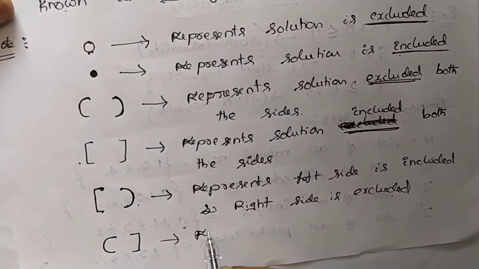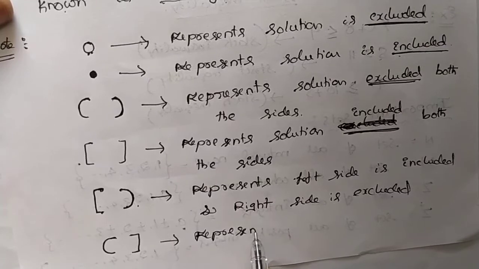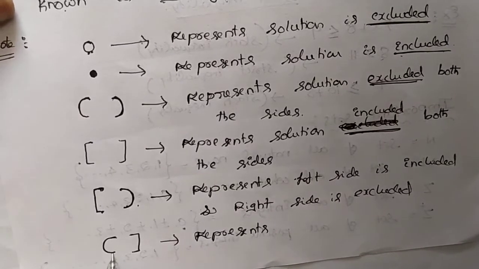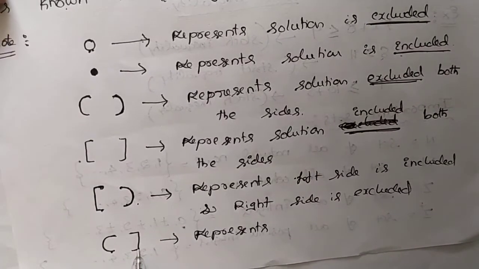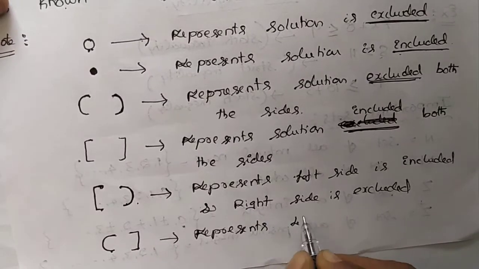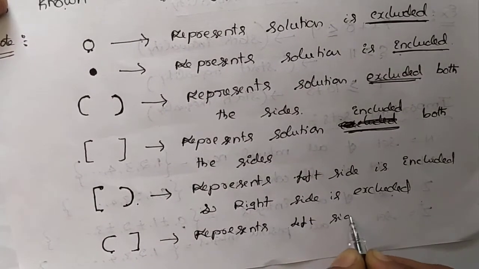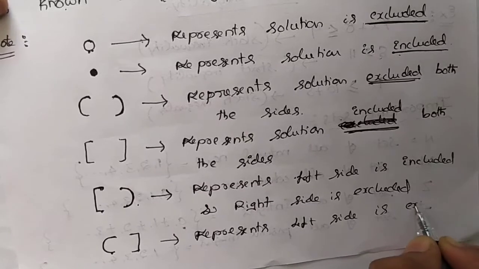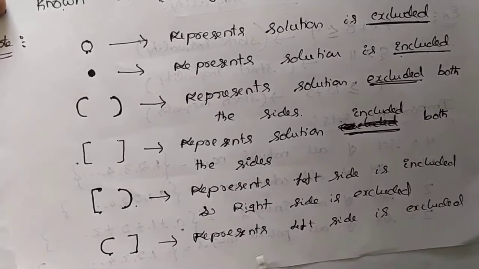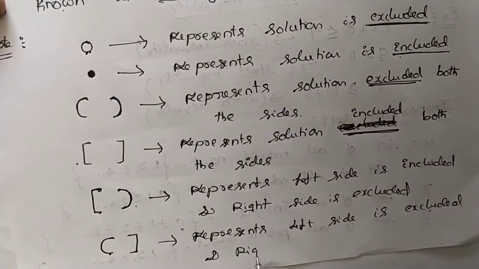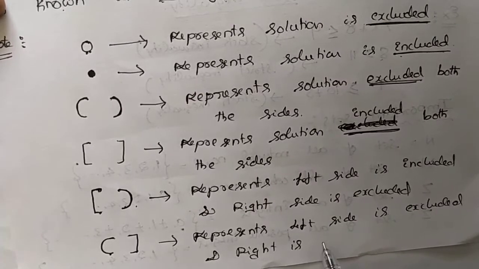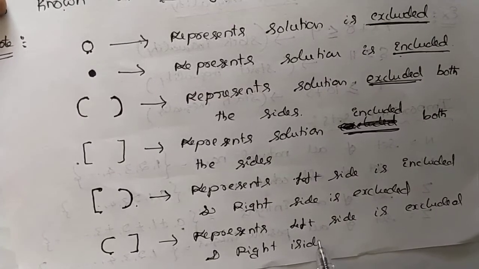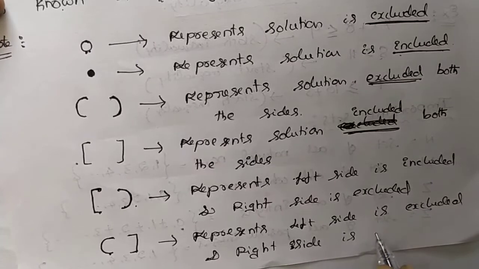So this one represents left side is excluded, right side is included. Left side is excluded and right side is included.